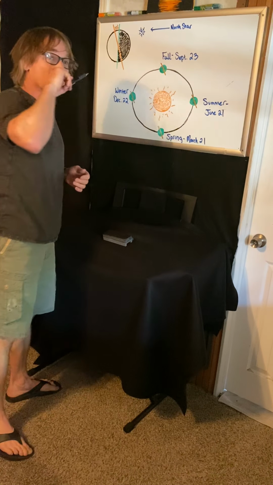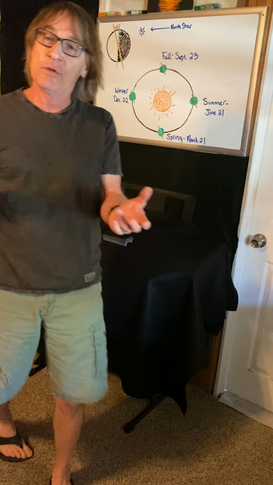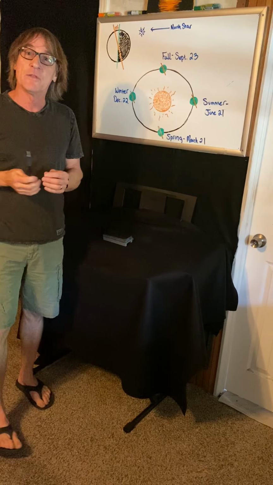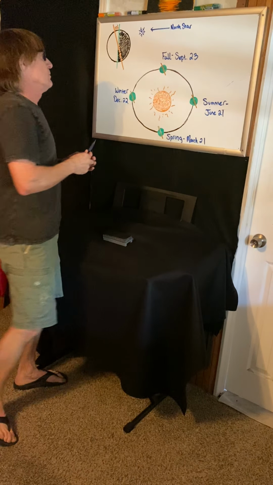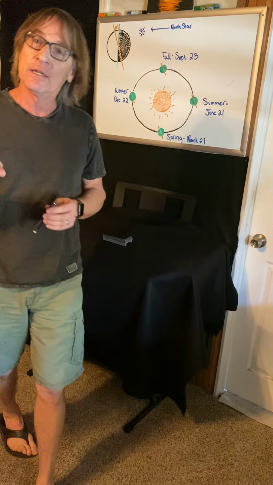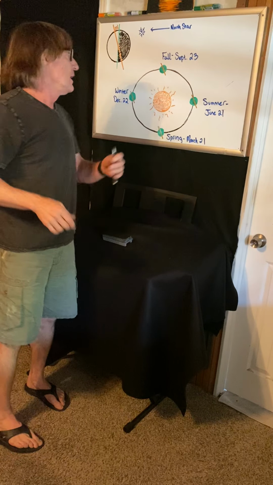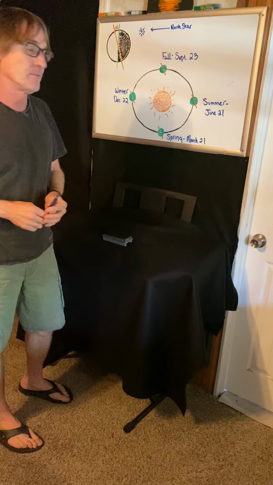So on September 23rd, guess what? The daylight hours and the night hours, darkness hours, are about the same, okay? So also, we don't experience as much direct sunlight. So the sunlight is becoming more indirect, and so that's why in the fall we don't experience as much heat.